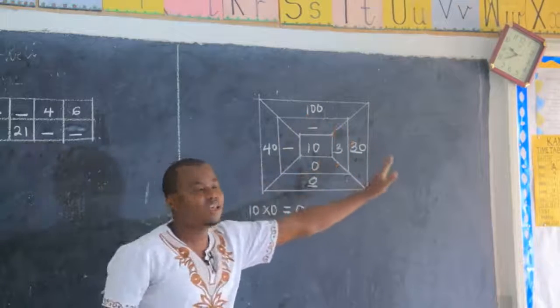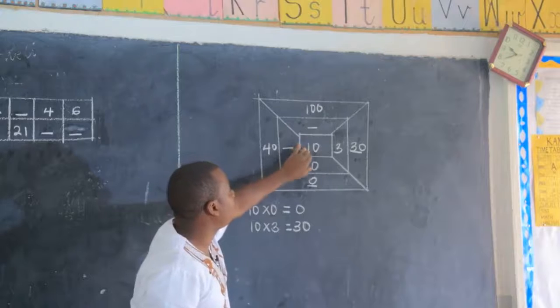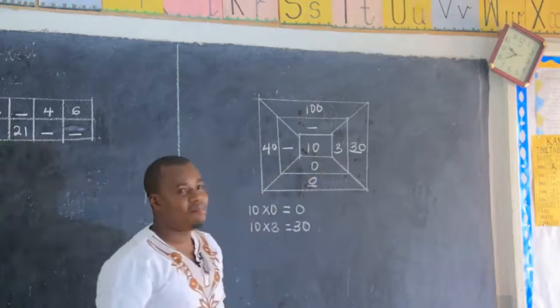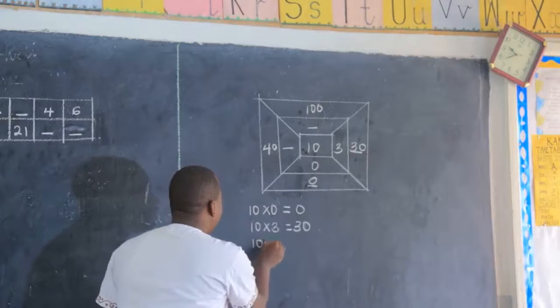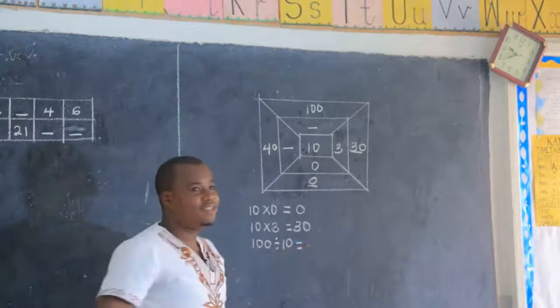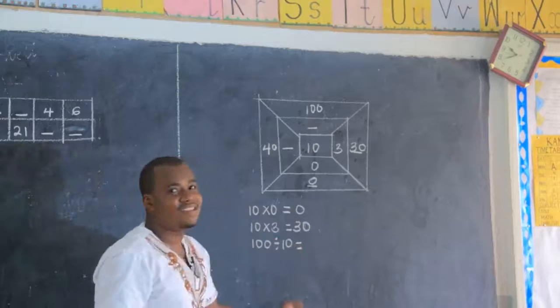So what did we say? This dash is near the center, and when it is near, what are we going to do? We are going to get the number up, and we divide by the number at the center. So we are going to have 100 divided by 10. How many 10s are in 100? So we are going to divide very fast and get the answer.